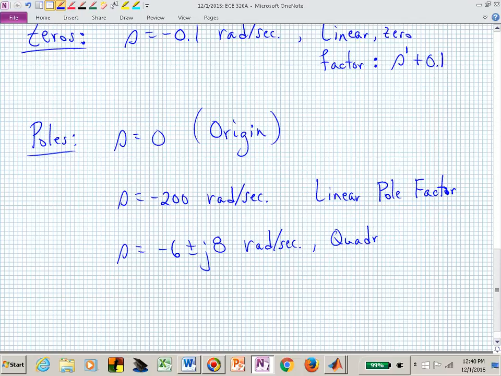So these are the kinds of poles and zeros that we are learning how to sketch in the Bode plot. This is then a quadratic pole factor.